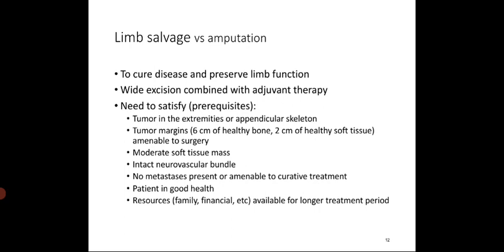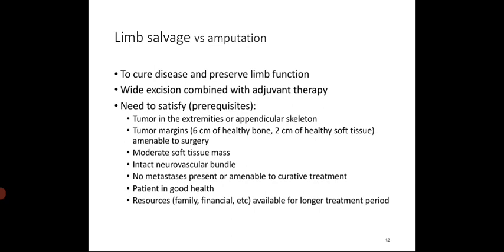The prerequisites for limb salvage are the following. One would be that the tumor is in the extremity or in the appendicular skeleton. Number two would be that there are adequate margins and it's amenable to surgery. Another would be there's only a moderate soft tissue mass and an intact neurovascular bundle.